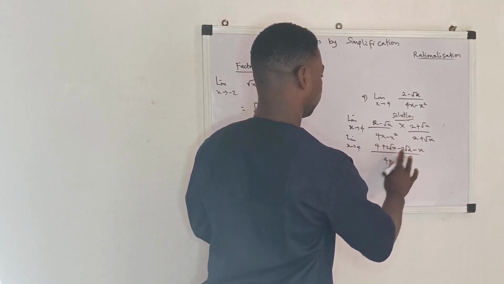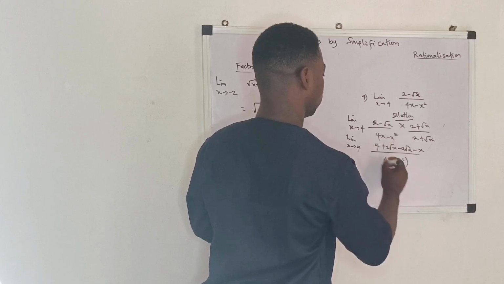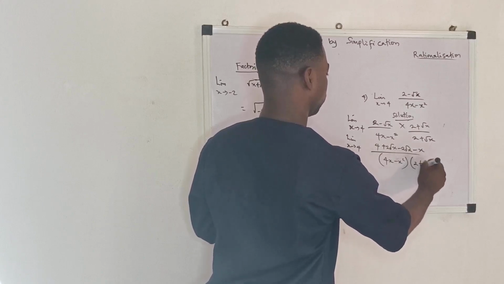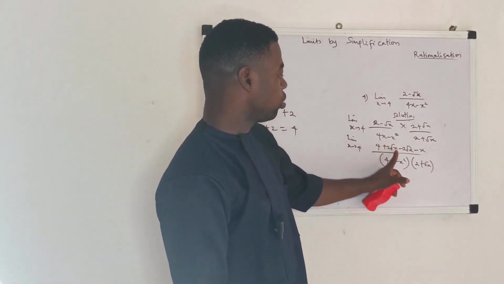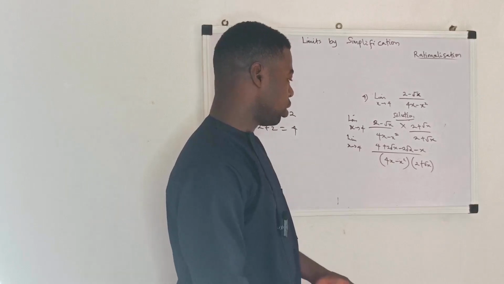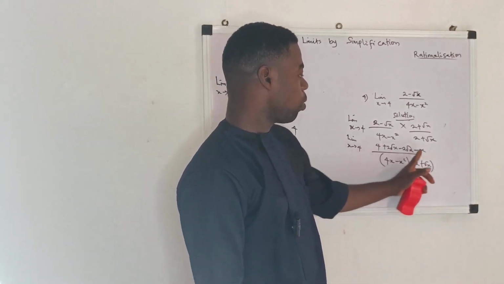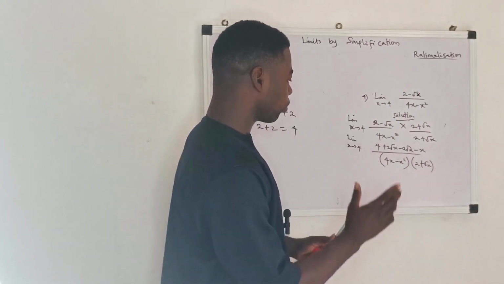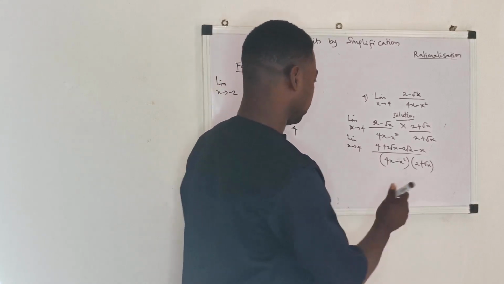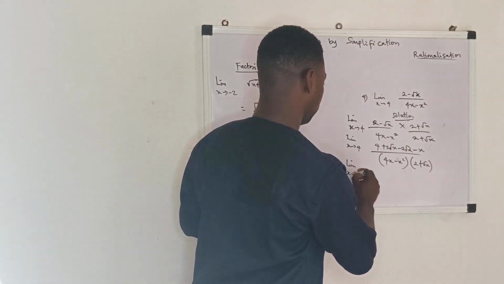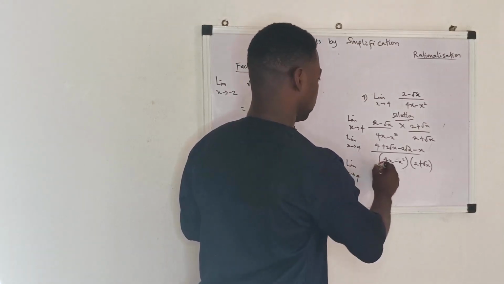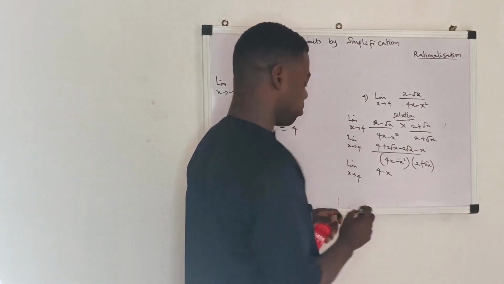All divided by 4x minus x squared times 2 plus root x. Plus 2 root x minus 2 root x gives 0, so I'm left with 4 minus x. This is the limit as x approaches 4, and here is 4 minus x, that's what I'm left with.